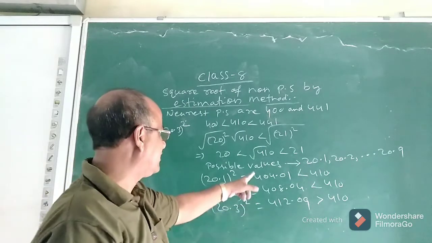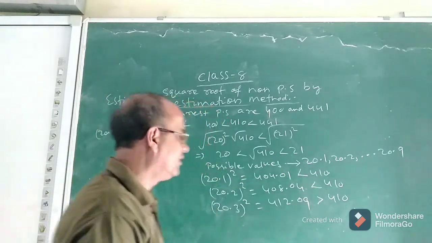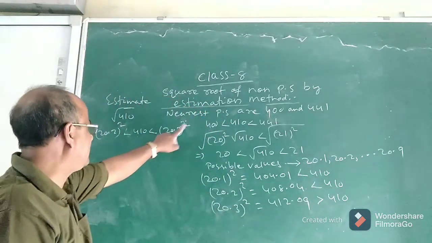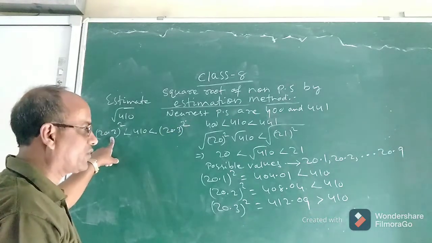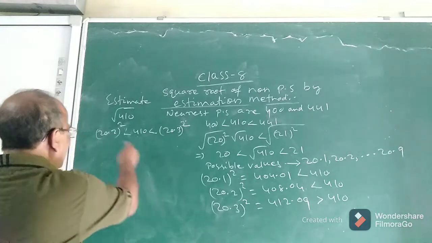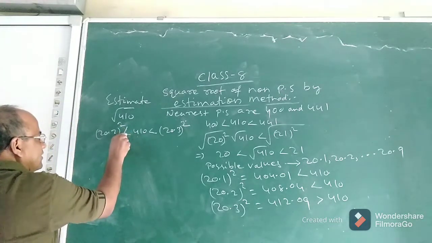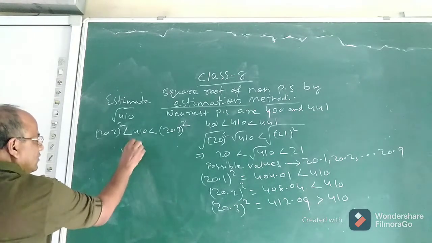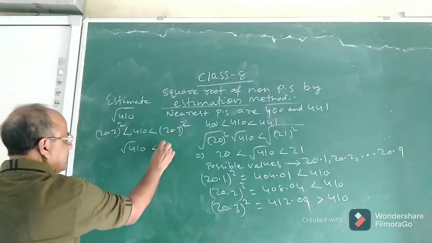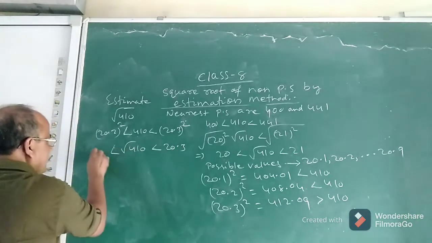So 410 will be less than 20.3 squared and more than 20.2 squared. So now tell me, the square root of 410 lies between 20.2 and 20.3.